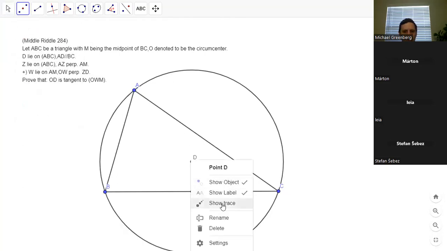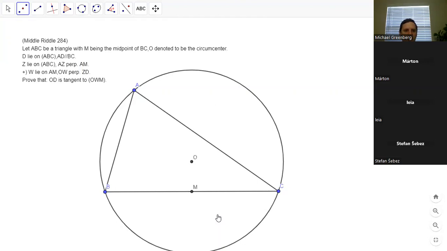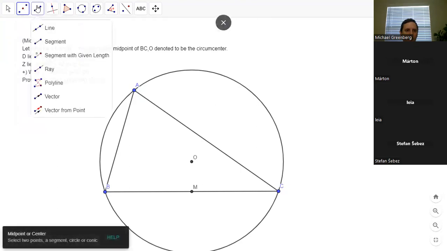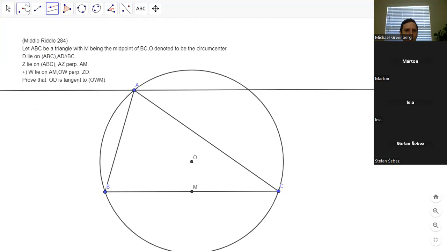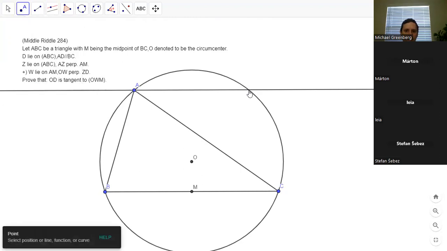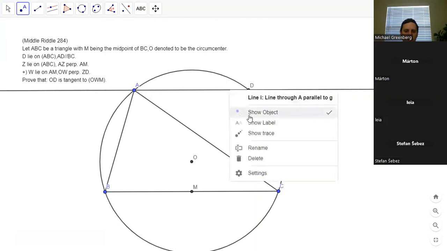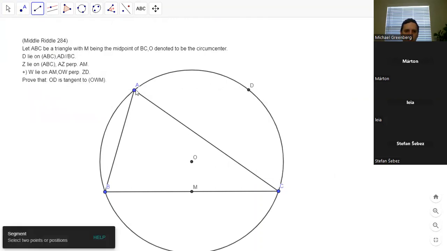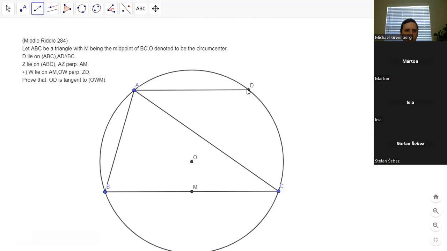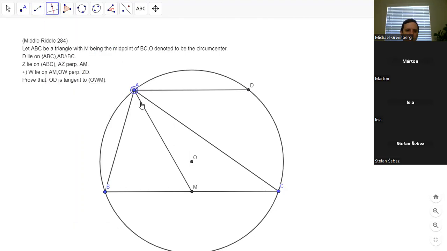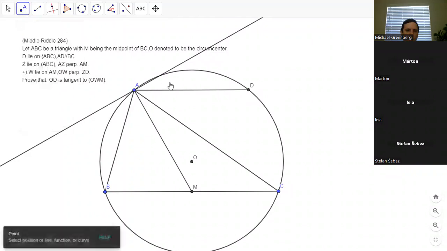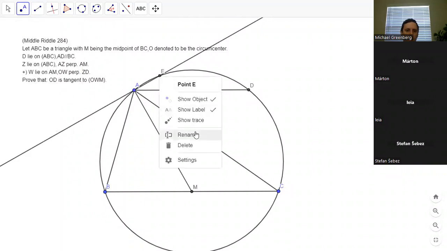So we have O, and B lies on the circle so that AB is parallel to BC. And Z lies on it so that AZ is perpendicular to AM. So that is Z.